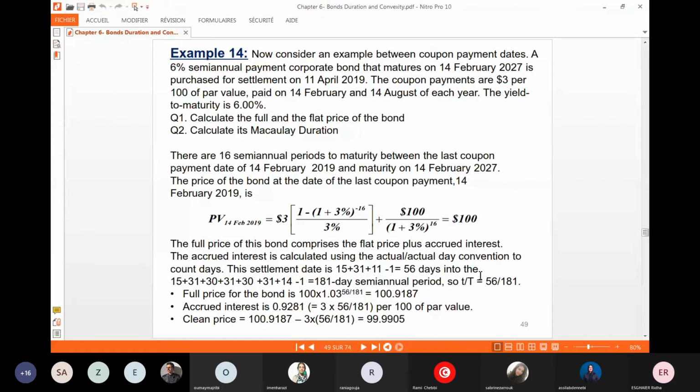Donc, هذا is purchased في April 11, 2019.